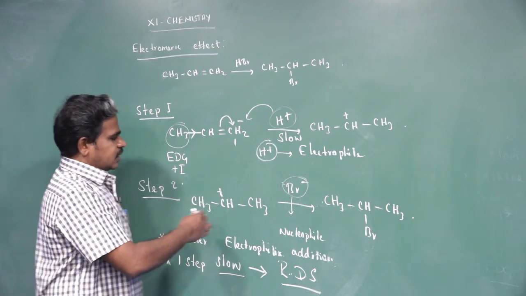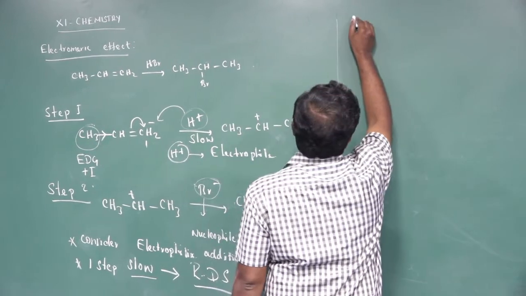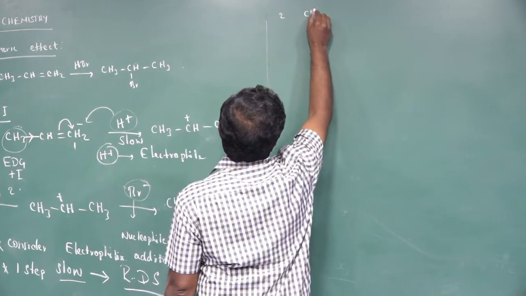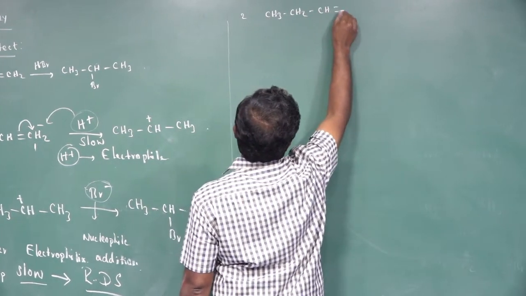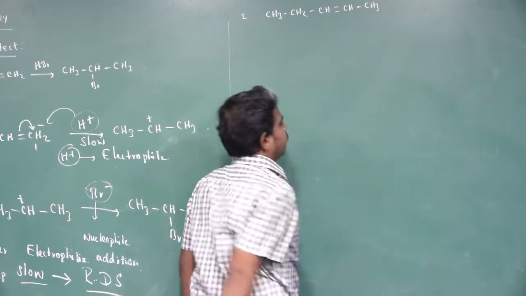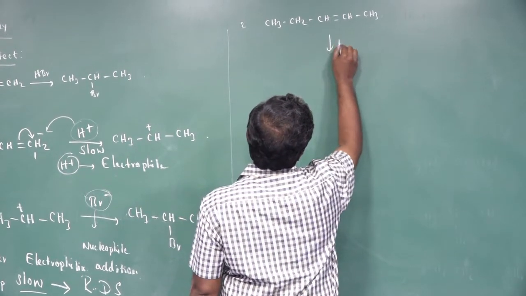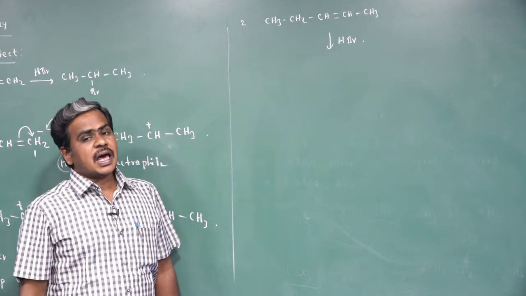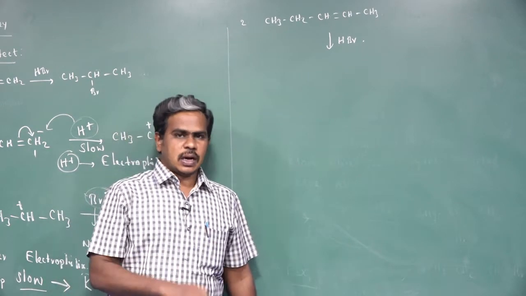Now, we may take the next compound. The second compound is 2-pentene, CH3, CH2, CH double bond CH, and CH3. When 2-pentene is reacted with HBr, what is the product? Where the electron density is moved, which one is going to attack?